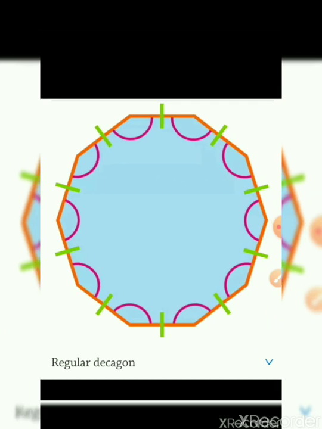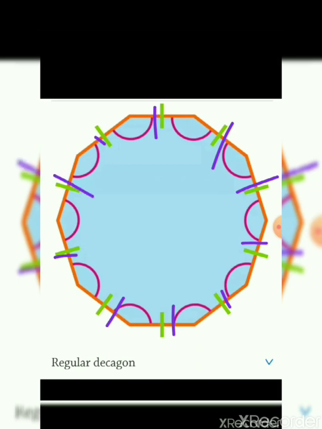Now count this. 1, 2, 3, 4, 5, 6, 7, 8, 9 and 10. So this is a decagon.